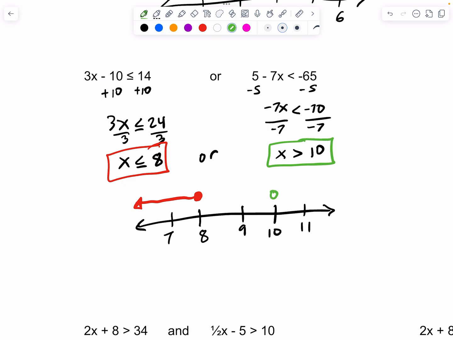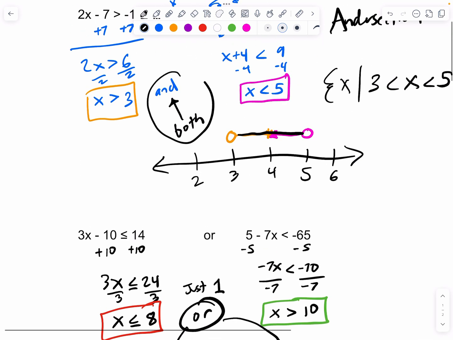Greater than 10, head off in that direction. And is it okay to be an or here? It could be either on this one or that one. Yeah, that's fine. Just one works. It doesn't have to be both.